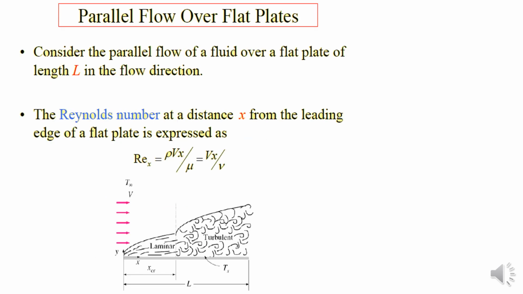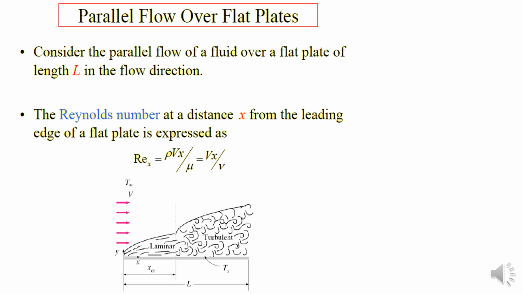So if you consider a flat plate with a flow over it that has a length of L, experimental studies show that at the beginning of the flow we have a laminar flow, and then up to a certain distance, which is called the critical distance, the flow turns turbulent, as shown in the figure.